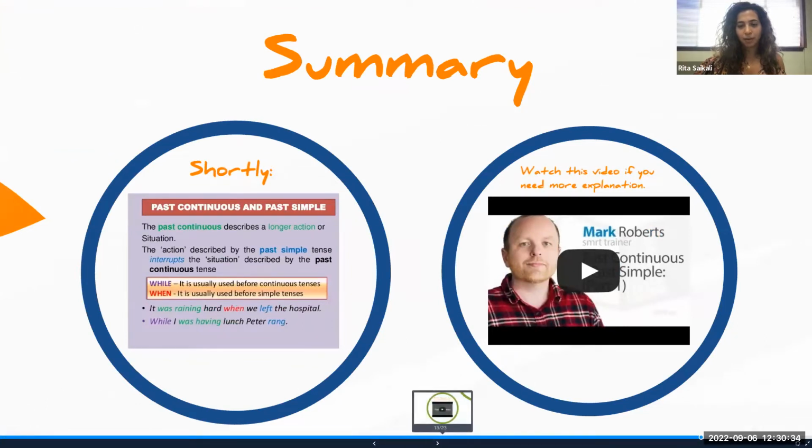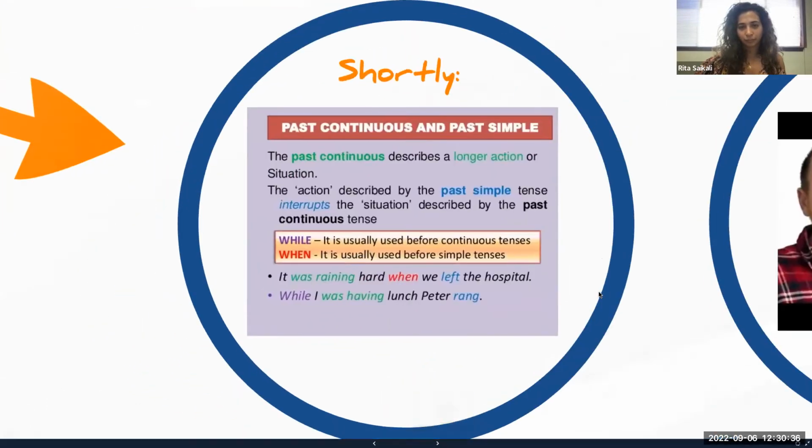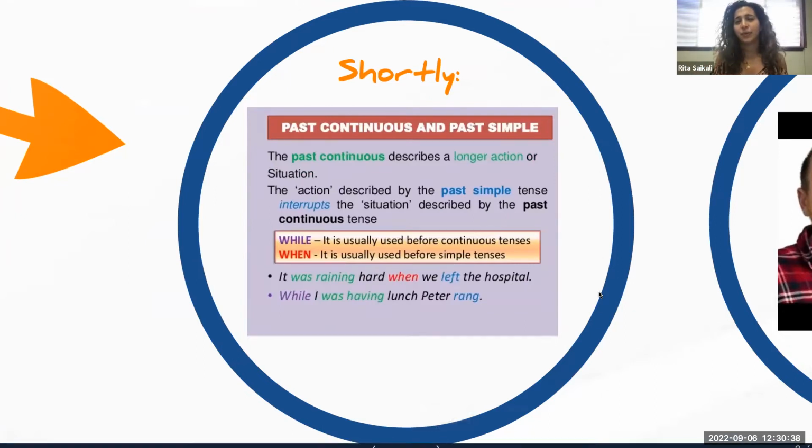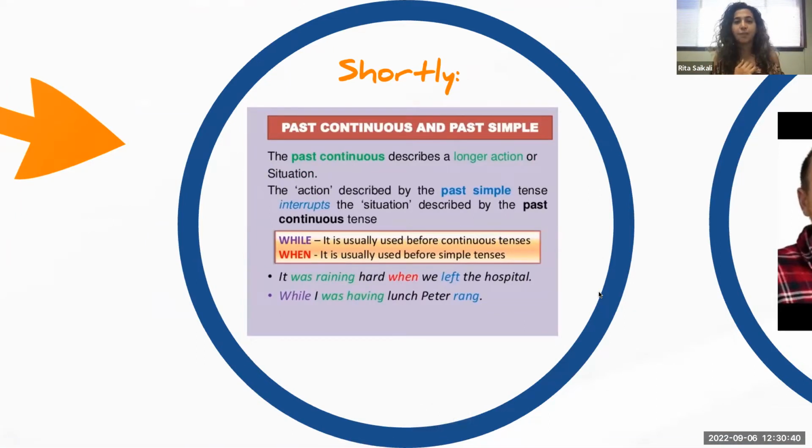All right, so to sum up what we're doing, past continuous describes a longer action or a situation. The action described by the simple past tense interrupts the situation described by the past continuous. Again, very simply, past continuous is constantly happening until something stops it.